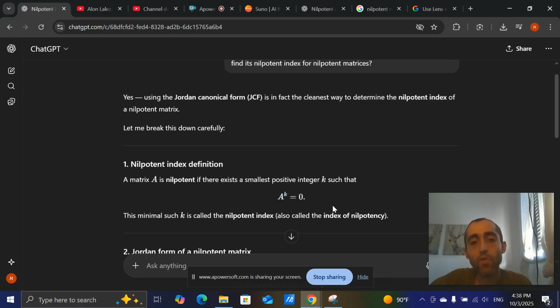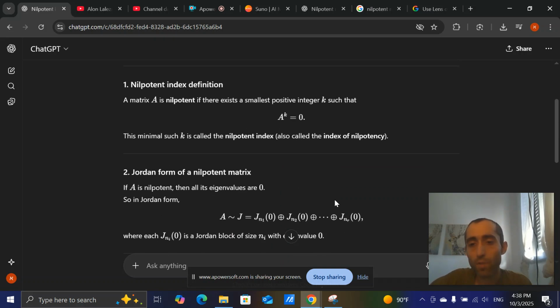Now, multiplying a matrix again and again is an option, but not always a very easy one. So let's use the Jordan canonical form. Every nilpotent matrix, at least over the reals, has a Jordan canonical form, because its characteristic polynomial is x to the power of the order of the matrix, let's call it n.